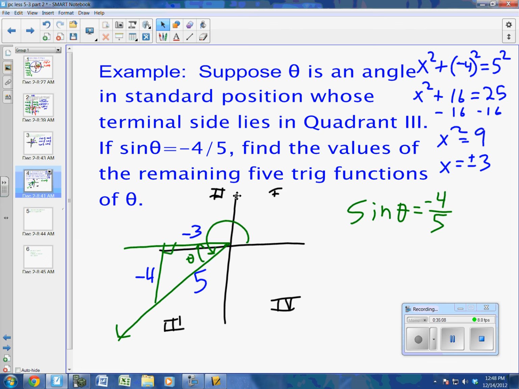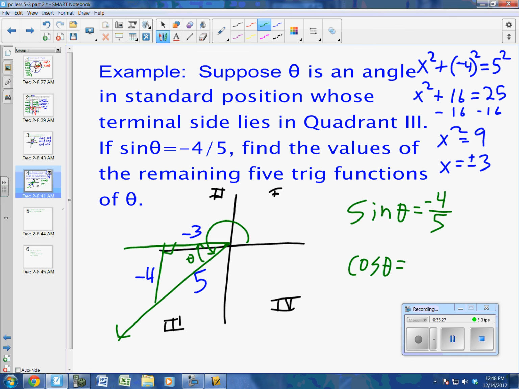Okay, so now we have them all. Can we finish this off? What's the cosine?